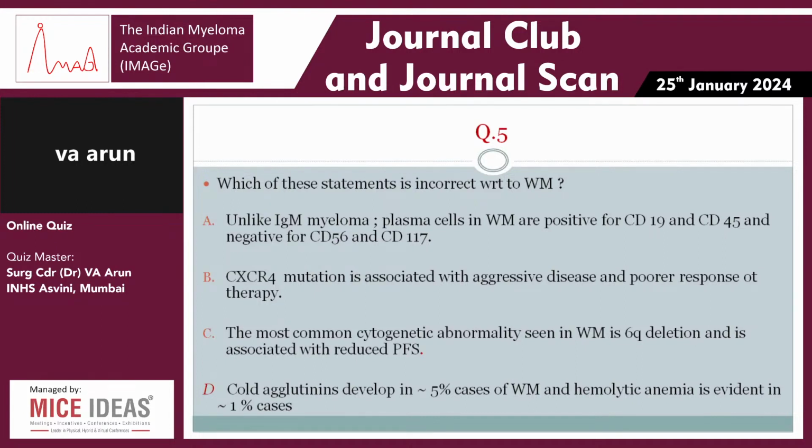Whether CXCR4 mutations are associated with aggressive disease and poor responses to therapy. The statement whether 6q deletion is the commonest cytogenetic abnormality and is associated with the reduced PFS. And the prevalence of cold agglutinins of 5% in Waldenstrom's and how common is hemolytic anemia. And you are supposed to identify the incorrect statement here.